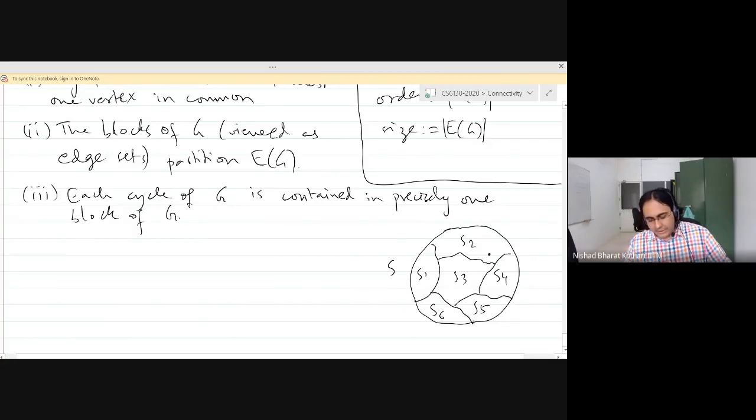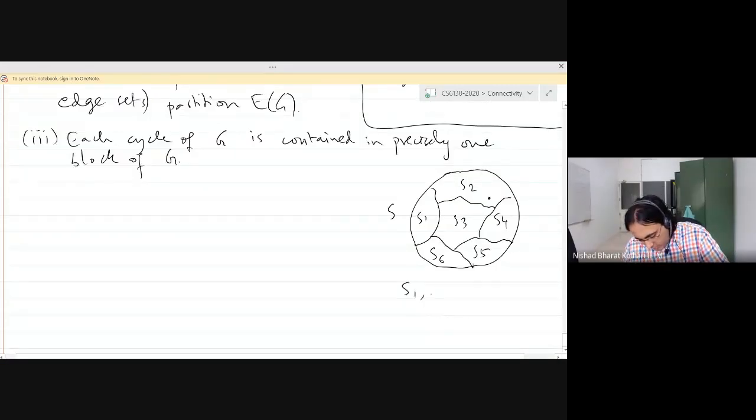Each element of S belongs to precisely one set among the parts. So these S1 to S6 are called the parts of the partition.